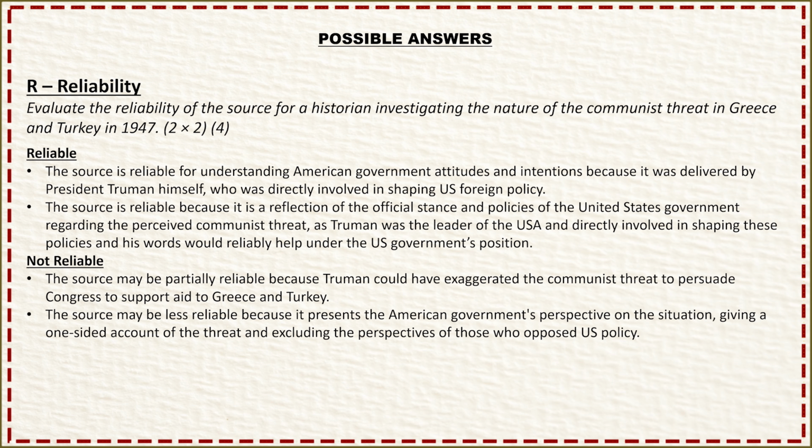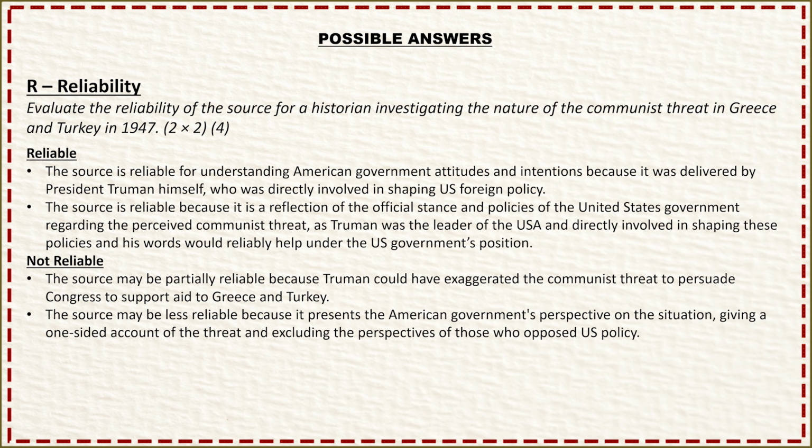The reliability question reads, evaluate the reliability of the source for a historian investigating the nature of the communist threat in Greece and Turkey in 1947. Our possible answers can read like this. The source is reliable for understanding American government attitudes and intentions because it was delivered by President Truman himself, who was directly involved in shaping U.S. foreign policy.